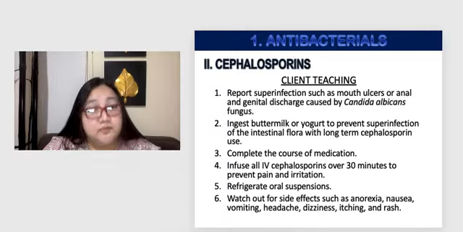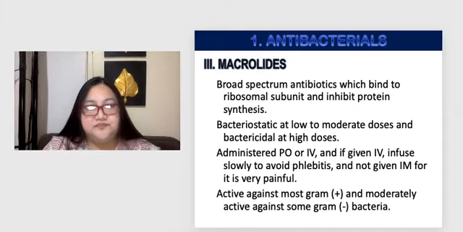So, you will compute para mag-run siya for 30 minutes. Okay? So, there's formula. Fifth, for oral suspensions, refrigerate. And then number 6, watch out for these side effects. And the patient can report these adverse effects.